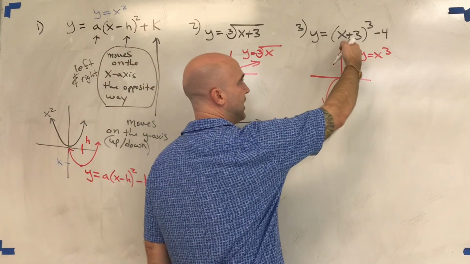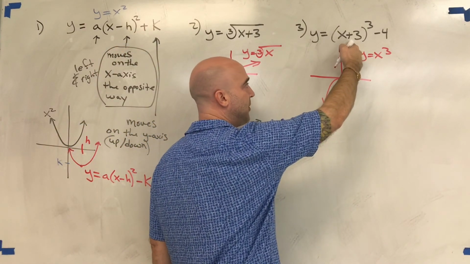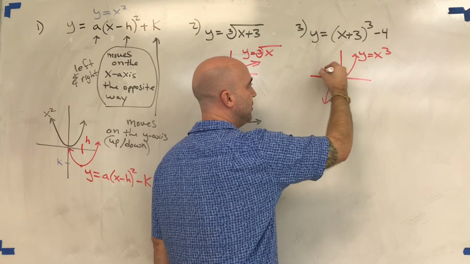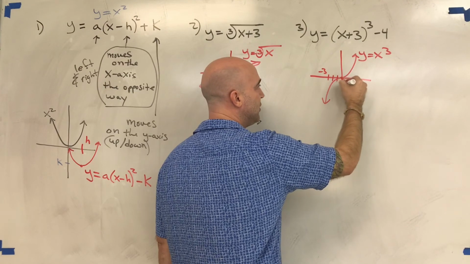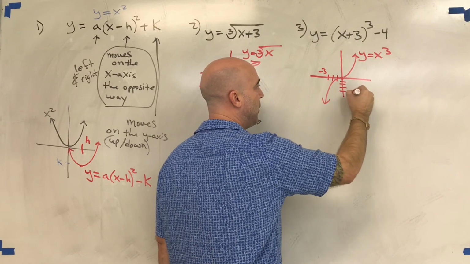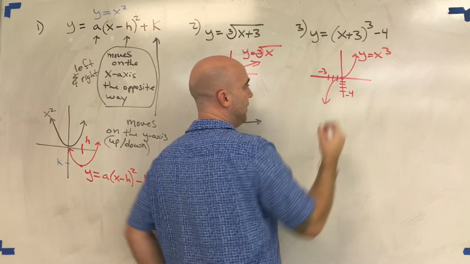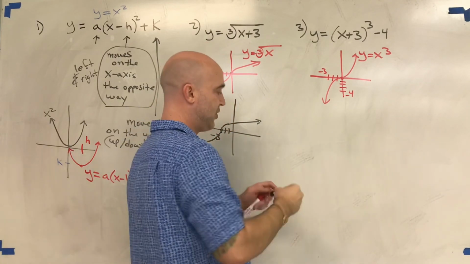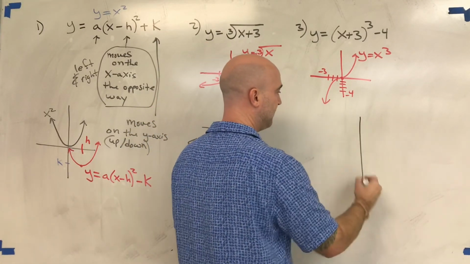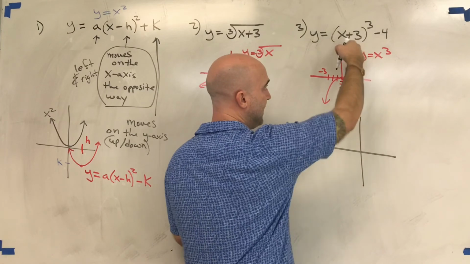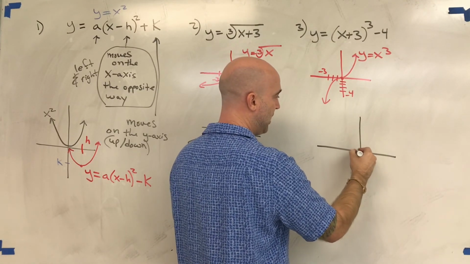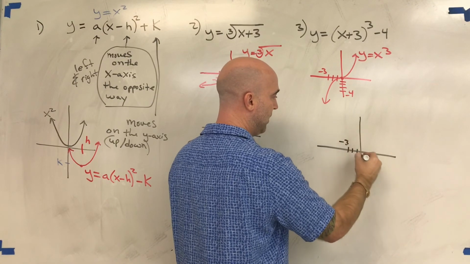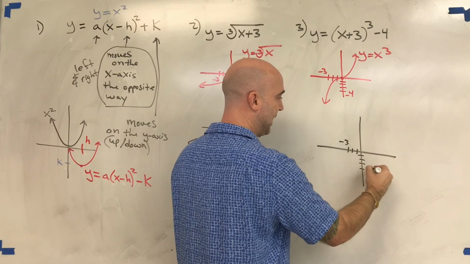And it's going to go to the left 3, to negative 3, and then this one goes down 1, 2, 3, down 4. So I'll go ahead and just draw a new graph. So this graph turns into negative 3, negative 4.